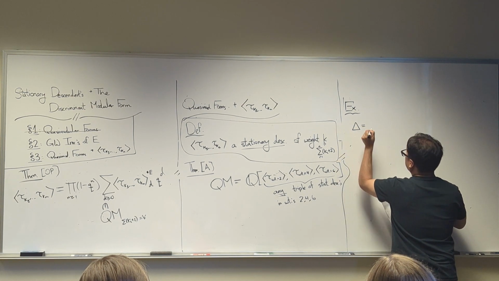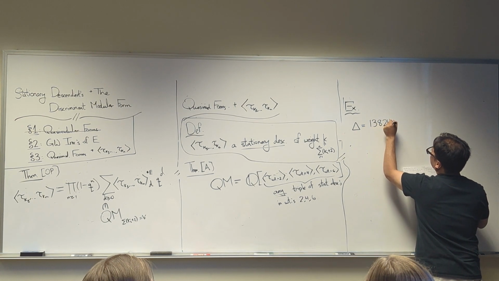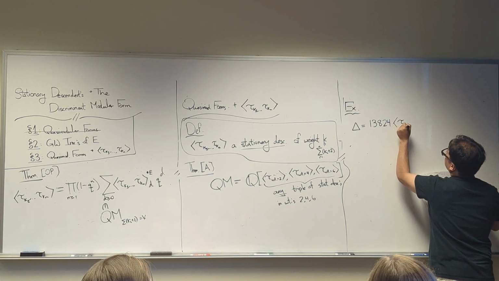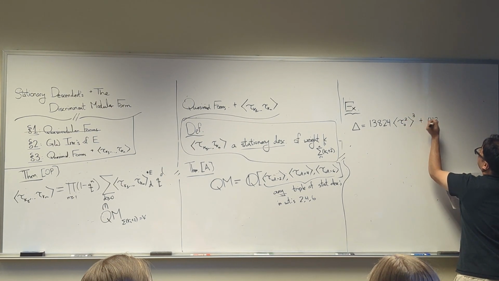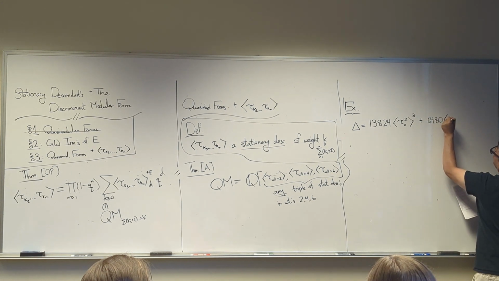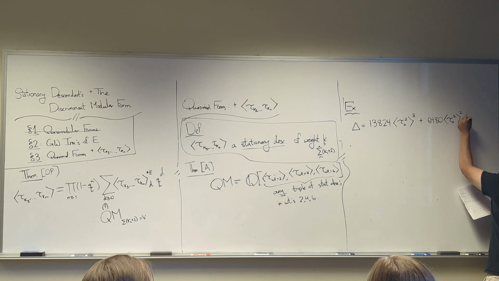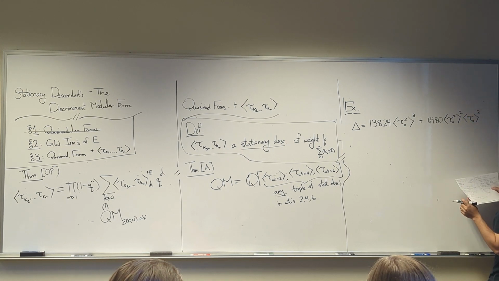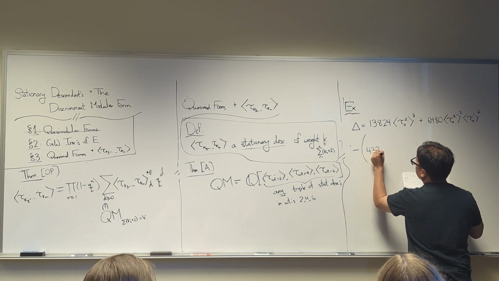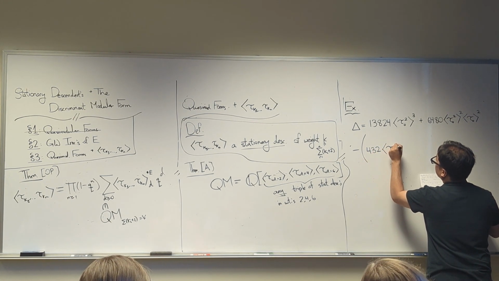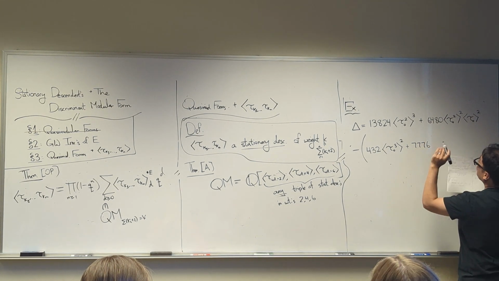So delta happens to be this. Let's take it. 1 minus some stuff, 2 tau naught cubed squared. Sorry, I'm almost done. It's only 7 terms, right?